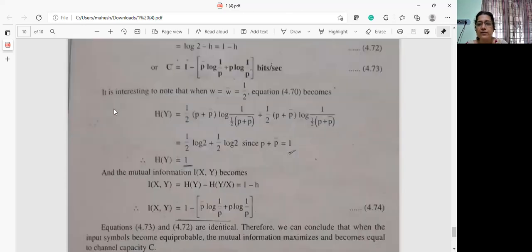So here, when you make the substitutions, you will get H of y is equal to 1. Similarly, I of x comma y will be H of y minus H of y by x, that is 1 minus this expression, P bar log of 1 by P bar plus P log 1 by P. So we can conclude that when the input symbols become equiprobable, the mutual information maximizes and becomes equal to the channel capacity C.